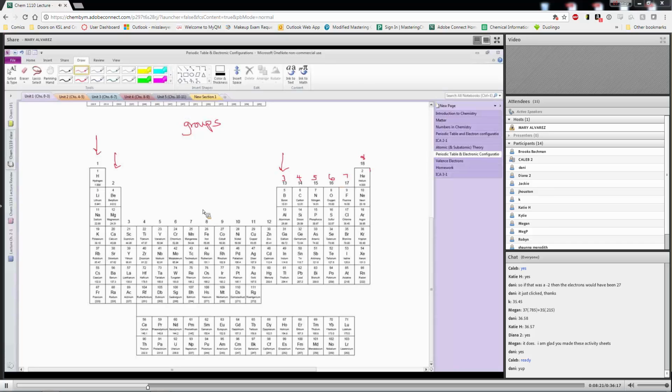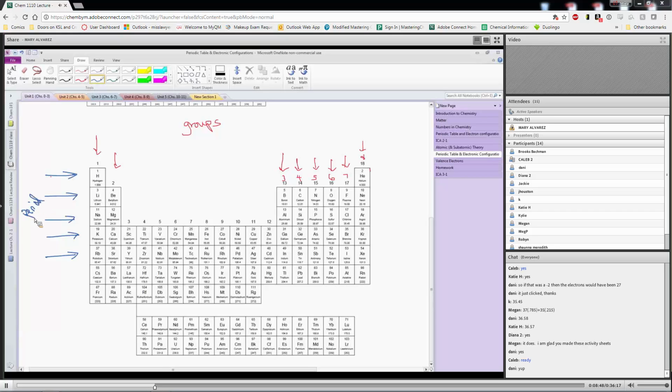For the moment, I'm going to skip these inner ones. So anything in the same column is in the same group because they would have similar reactivity. And then the rows are called periods. It's one set of periods that will then repeat itself.